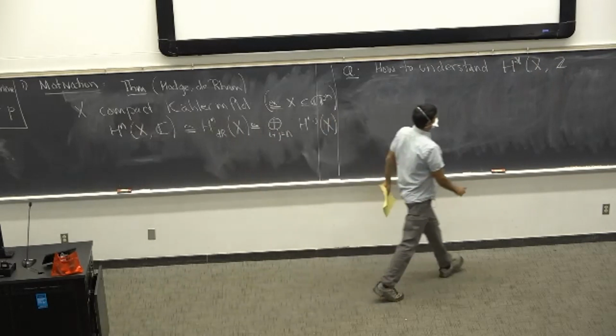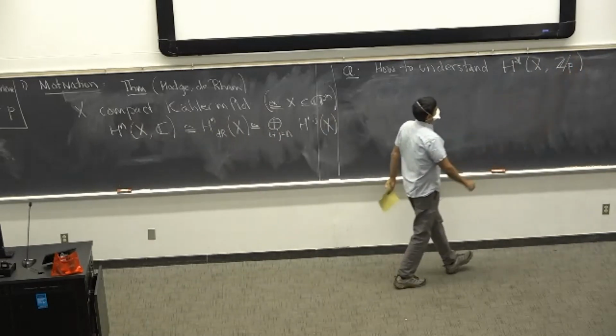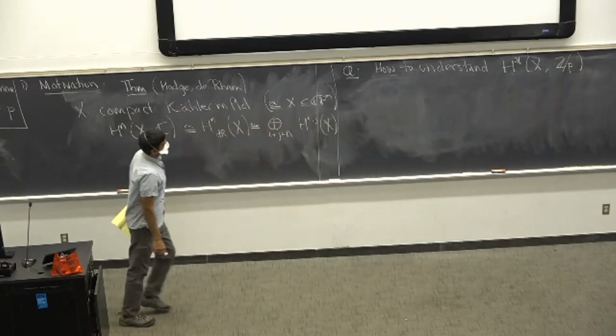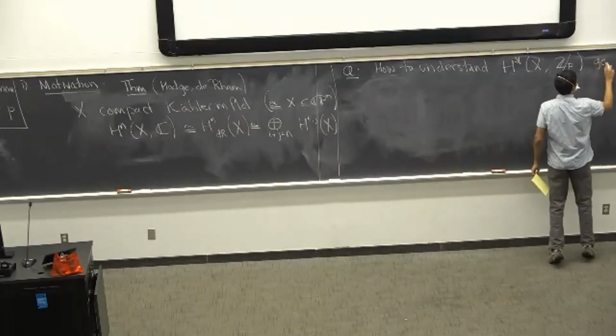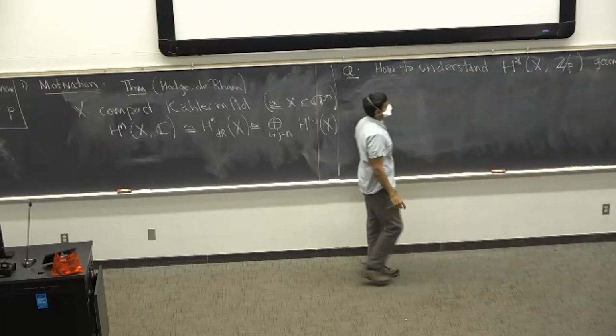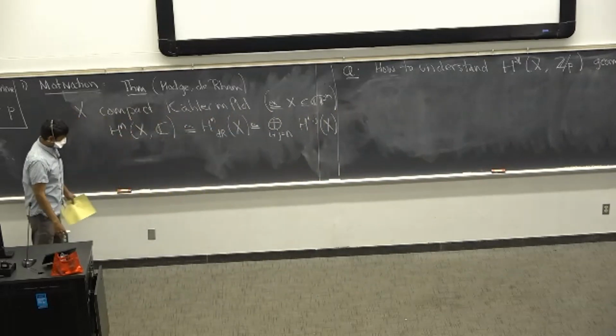And so I will just focus on the p-primary part. So the singular cohomology with Z mod P coefficients, this is where the prime P enters. And so the question is how to understand this geometrically. Okay, so this is kind of the motivating question.